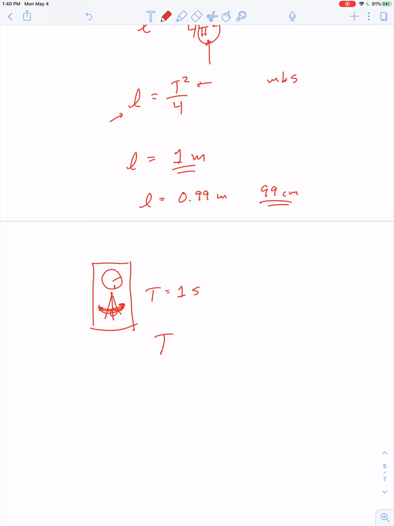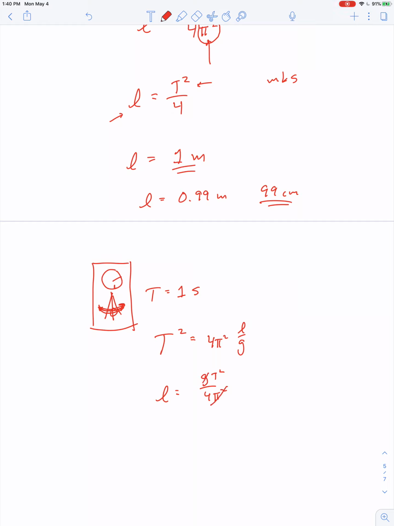So if this is right, if period squared is equal to 4 pi squared L over g, then L is equal to g T squared over 4 pi squared.